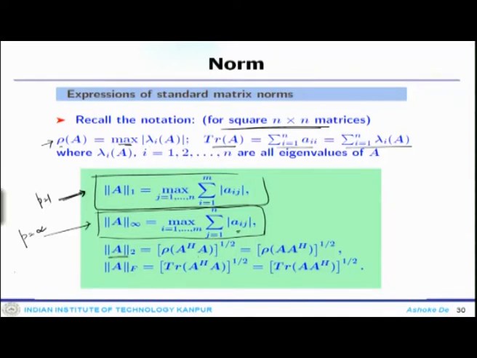Similarly, the Frobenius norm is going to be the square root of the trace of A Hermitian A. So, these two are important pieces of information where the L2 norm and the Frobenius norm you can actually represent with the spectral radius.